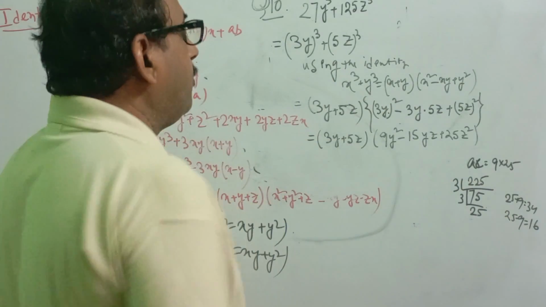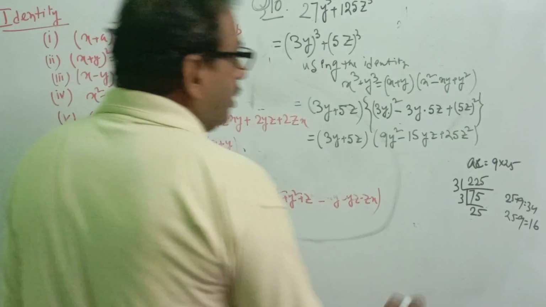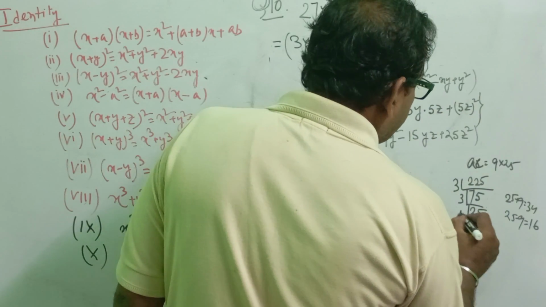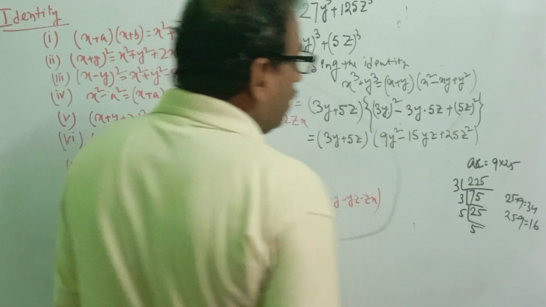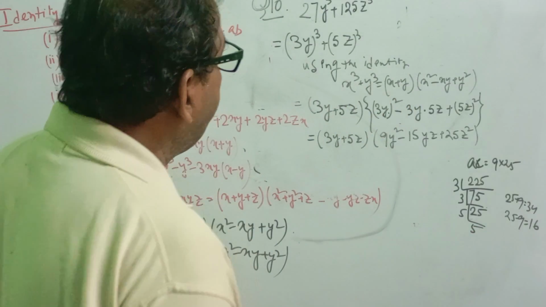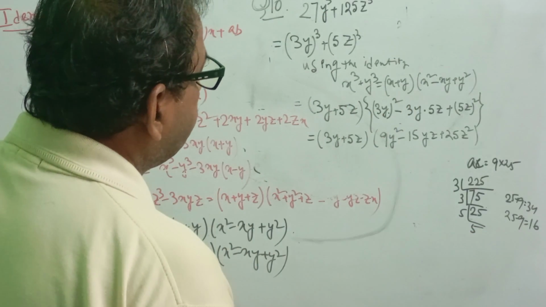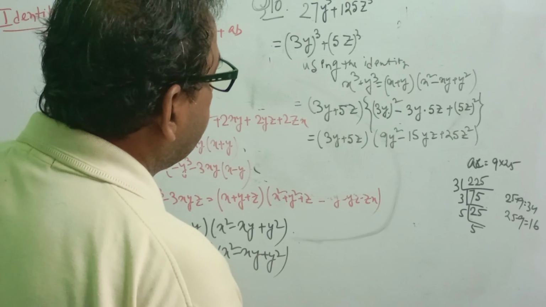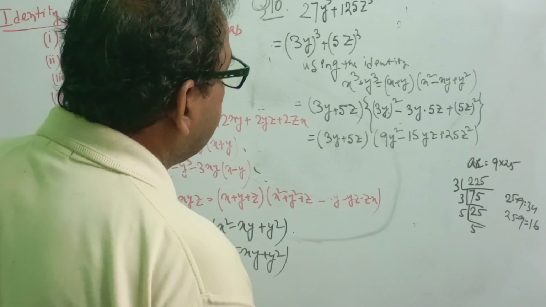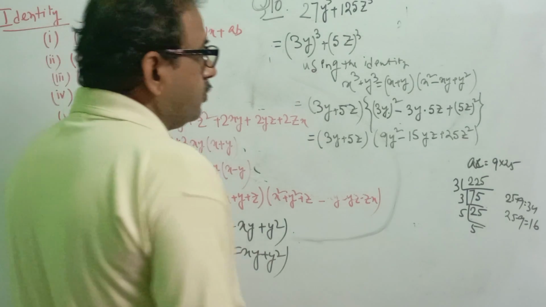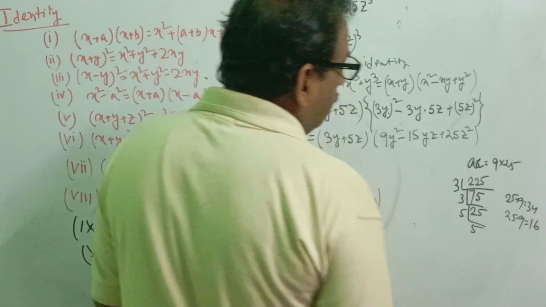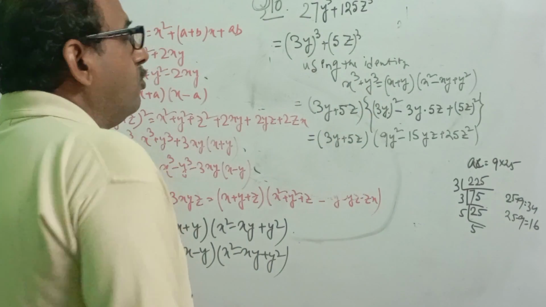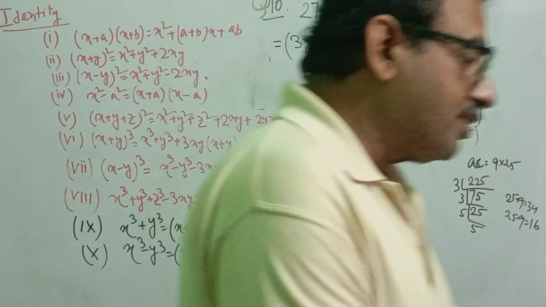So 15 never comes. Then 5 into 5, anyhow 15 is not coming.